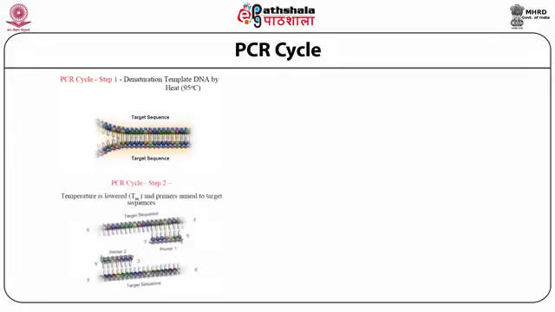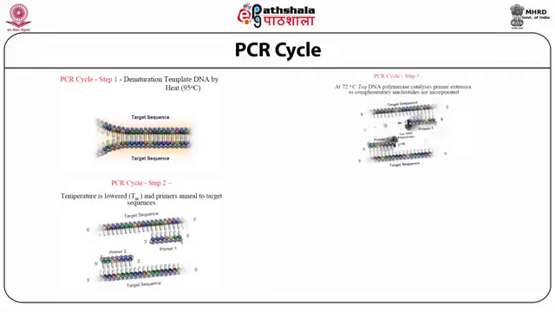The second step is annealing, where the temperature is low, and the primer is used at an appropriate temperature calculated based on the Tm. In this second step, primer annealing, primers bind at the 3' end of the template DNA and anneal.